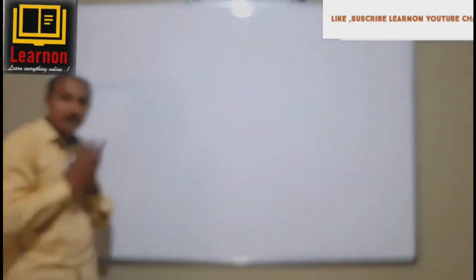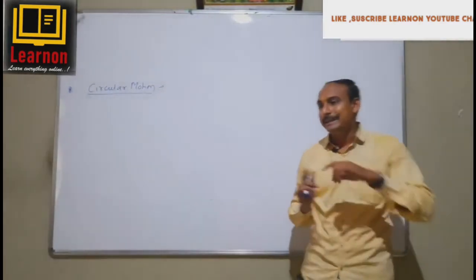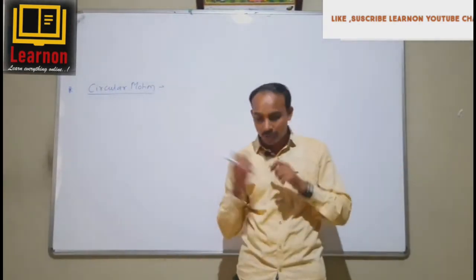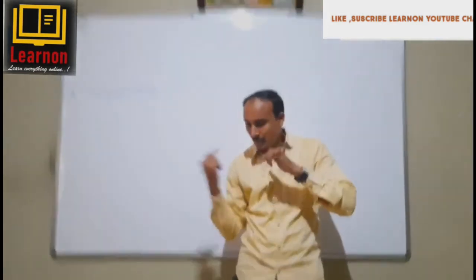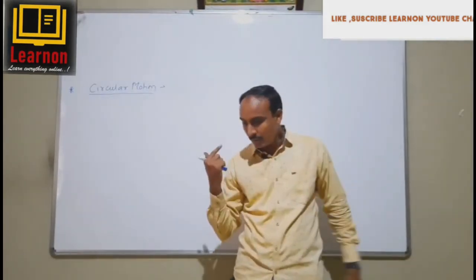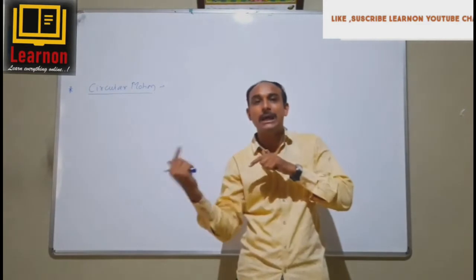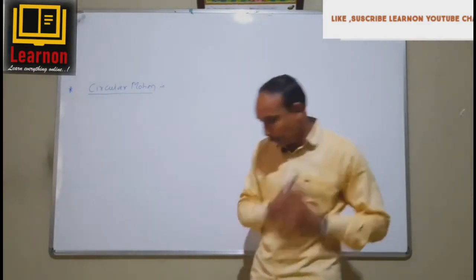Second point of our gravitation, that is circular motion. What is circular motion? Generally you may know there are so many examples, like the earth revolves around the sun in a circular orbit. The motion of the earth around the sun is nothing but circular motion.